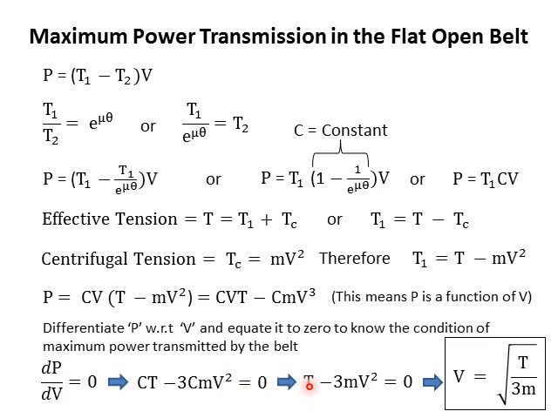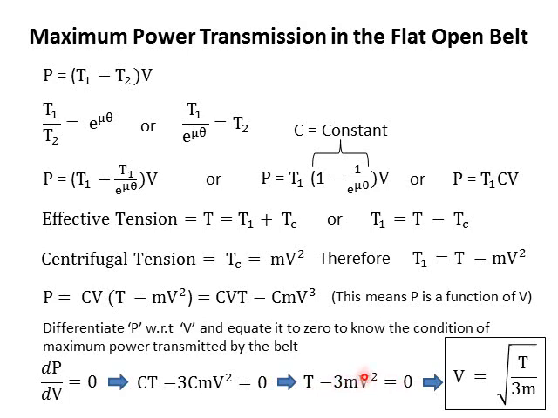By taking C common from this equation and dividing by it, the right side, 0, remains 0. So we get T minus 3m v square is equal to 0.